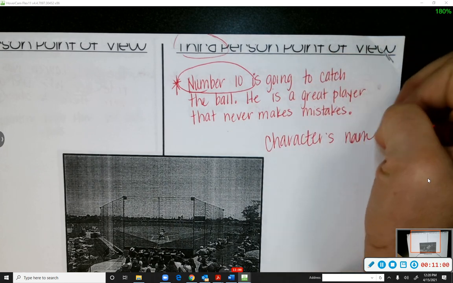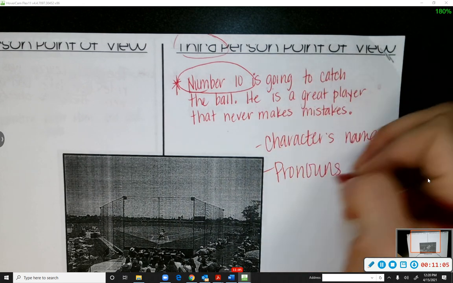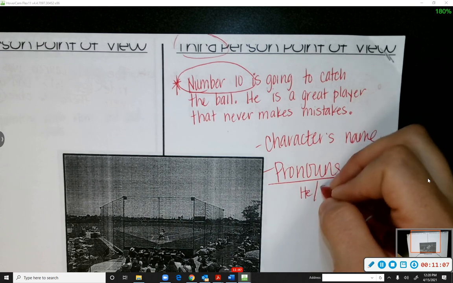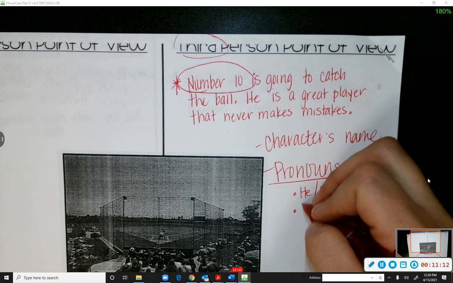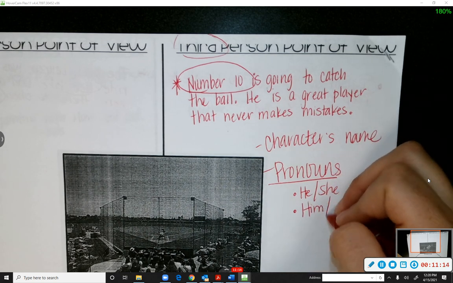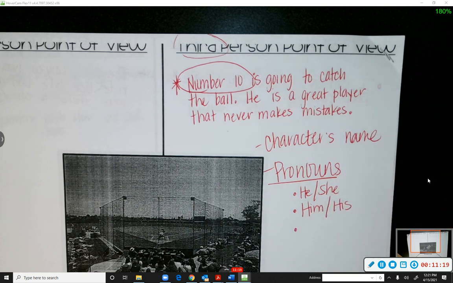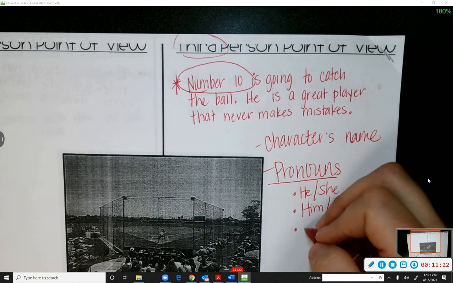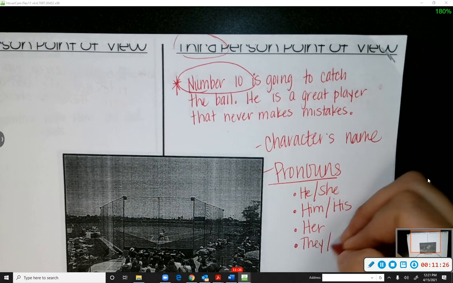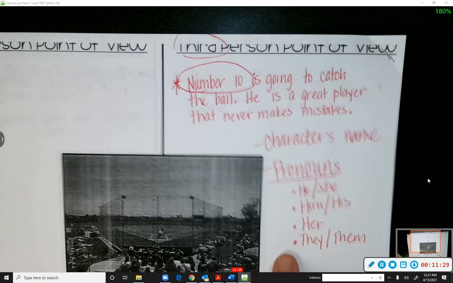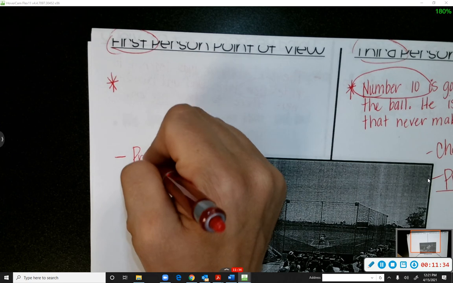And you're going to see pronouns like what? He or she, him or his. We had she, her, they or them. Over here, the main pronoun you're going to hear is what?